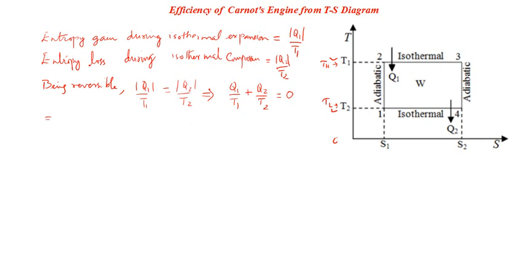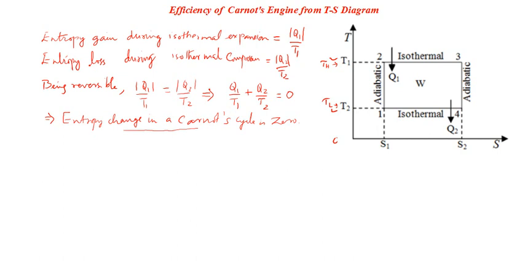The conclusion is that the total entropy change in a Carnot cycle is 0. That's a very, very important conclusion, and it's nothing that is new actually.